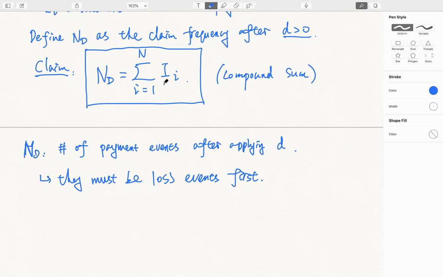That's why I define zero if there's no payment, because it does not contribute to the number of payment events. Only those bigger than D will be counted towards the number of payment events. So that's a very important result.